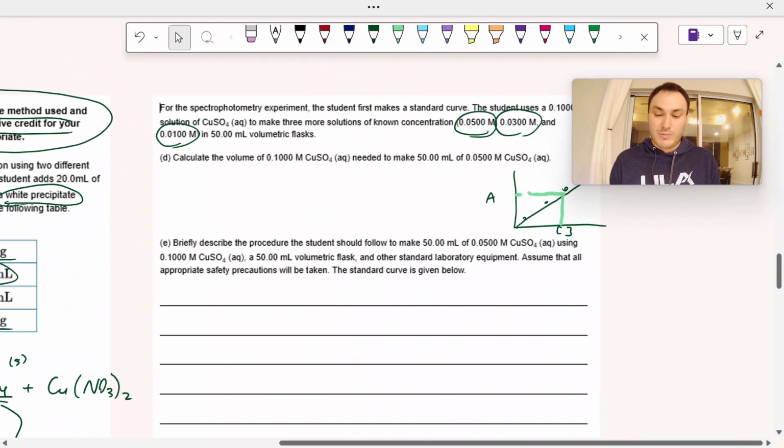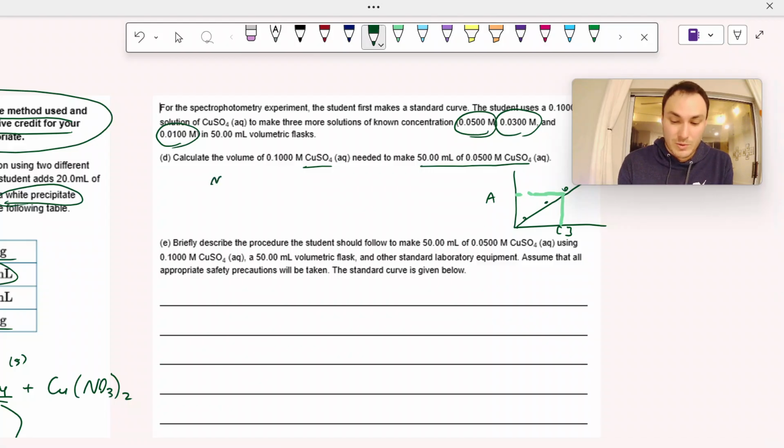Calculate the volume of 0.1 molar copper 2 sulfate needed to make 50 milliliters of 0.05 molar copper 2 sulfate. This is dilution, so we're going to use M1V1 equals M2V2. Our initial concentration is 0.1 molar, and we are trying to solve for the volume of that 0.1 molar needed.